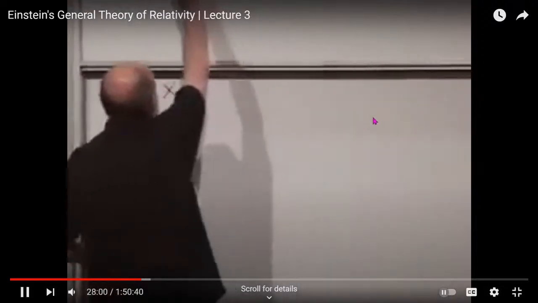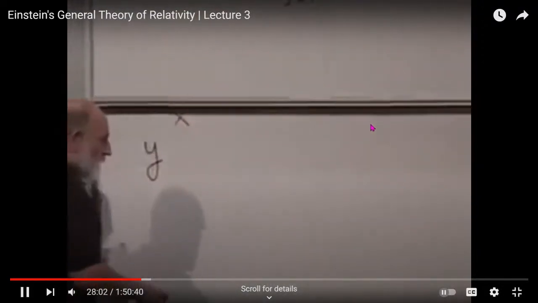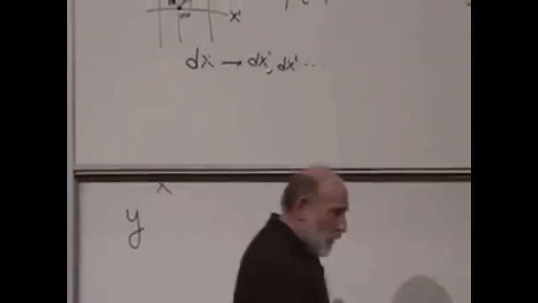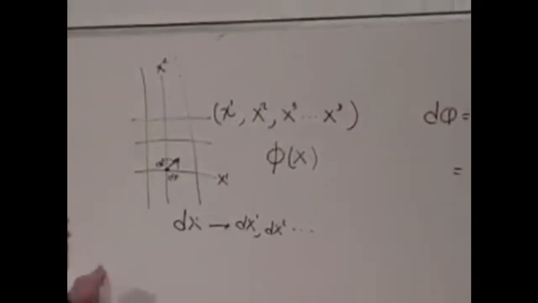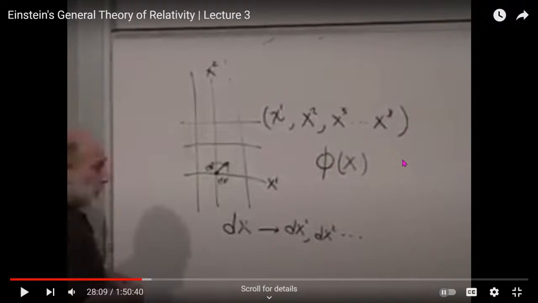We have some coordinate chart, or coordinate map, if you like. Now I'm going to introduce other coordinates. So this is the original coordinate system, x1, 2, 3, and 4.